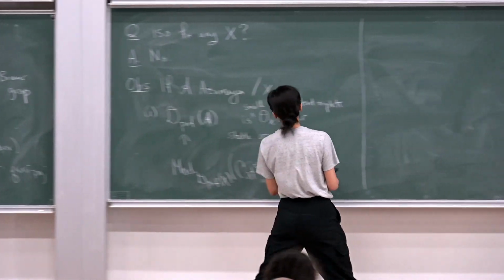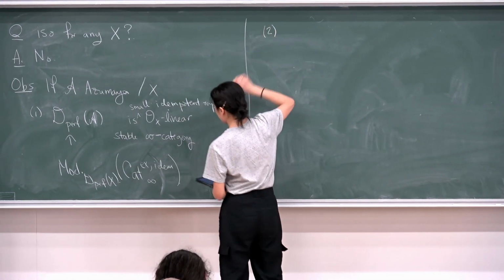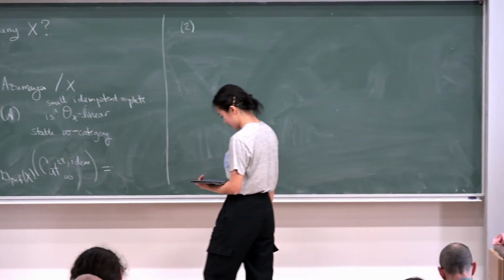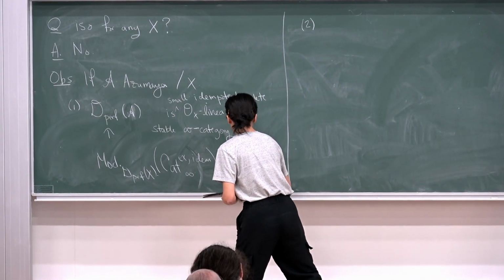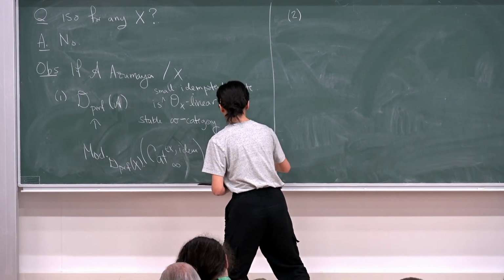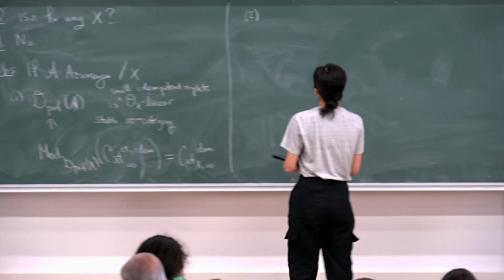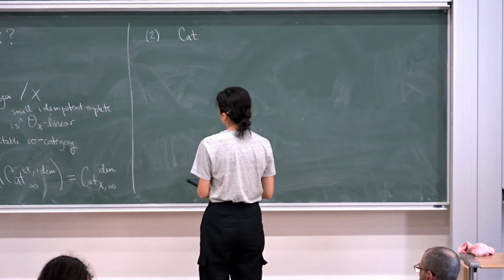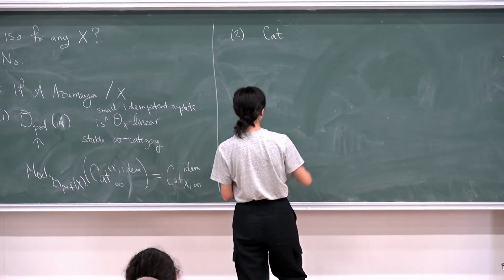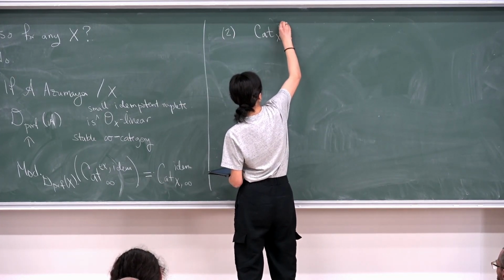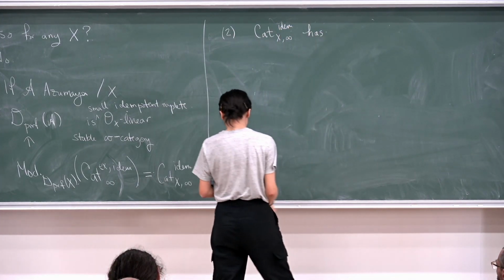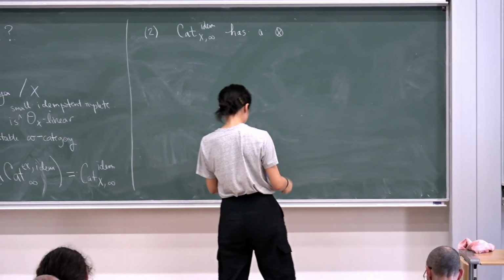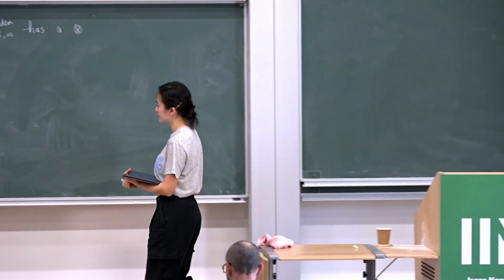Next, this is just an observation about this category here. Let me write Cat X infinity idempotent complete. This category of small idempotent complete stable OX-linear infinity categories has a tensor product, a symmetric monoidal tensor product.